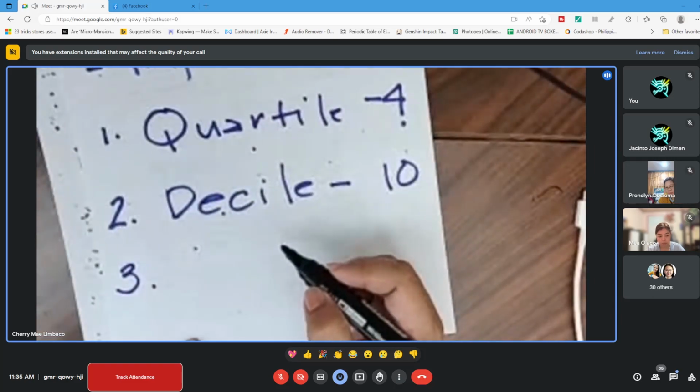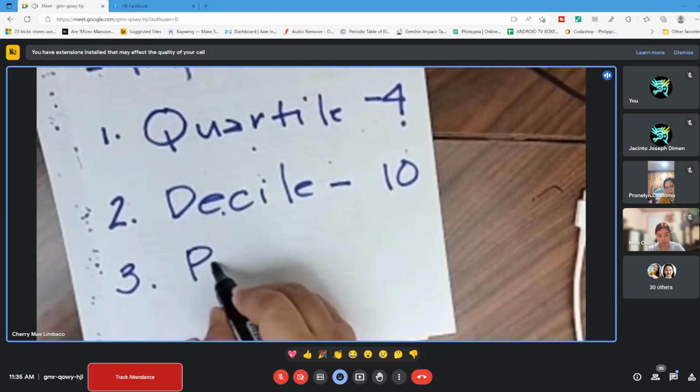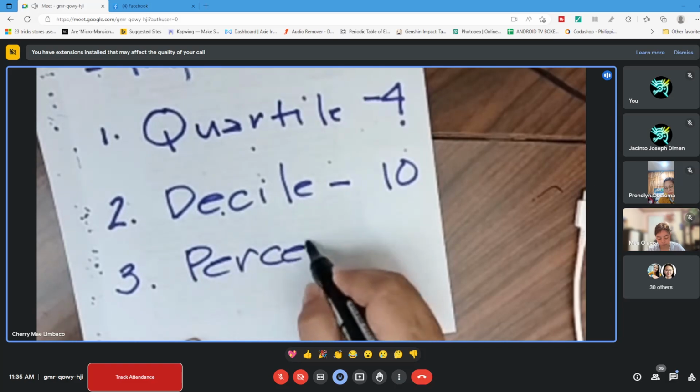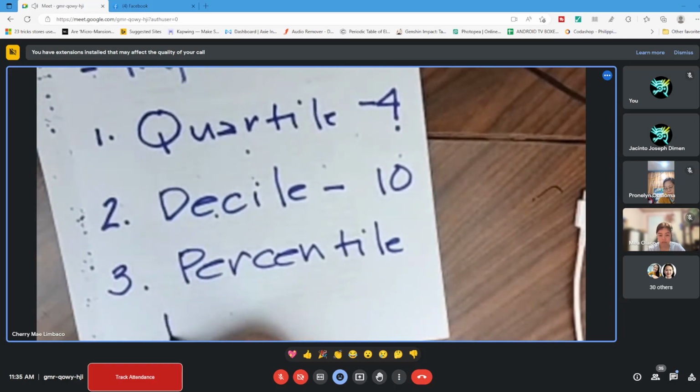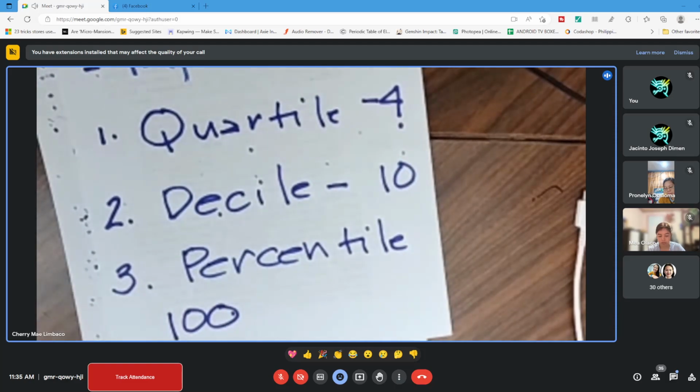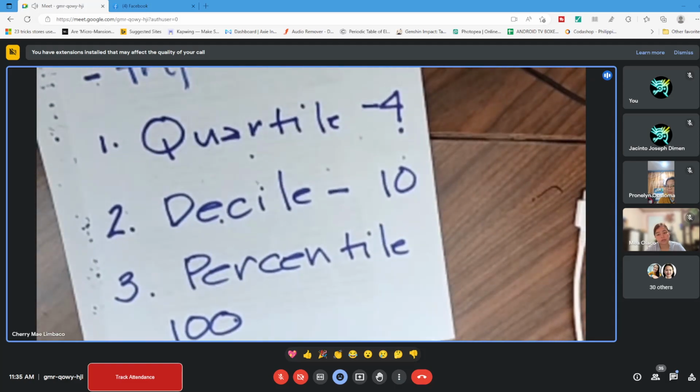Then the third one we call percentile. If it is percentile, we divide it into 100 equal parts. So this is what we call the extension of the median, and we have three kinds.